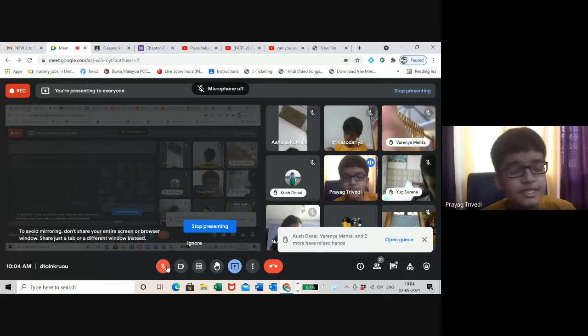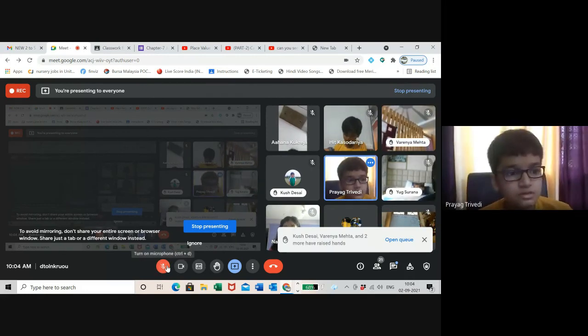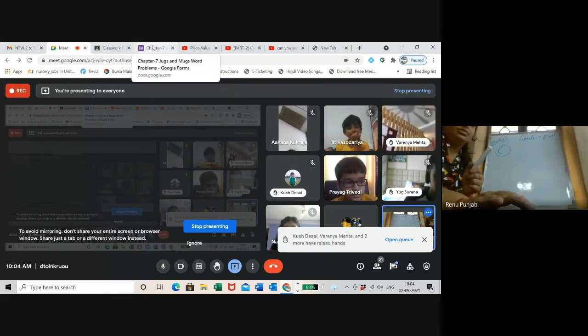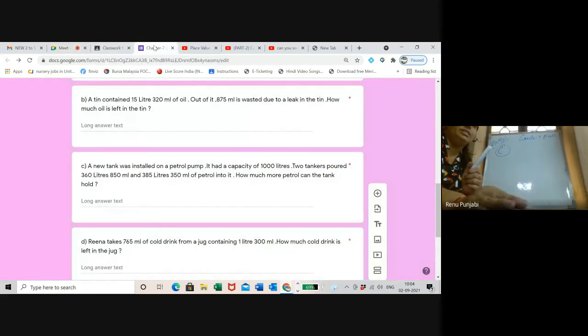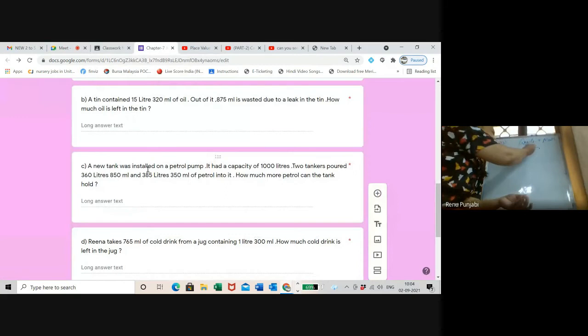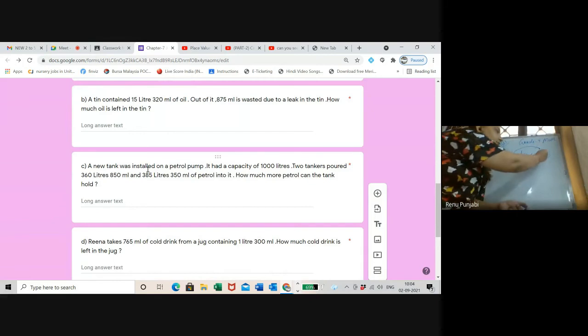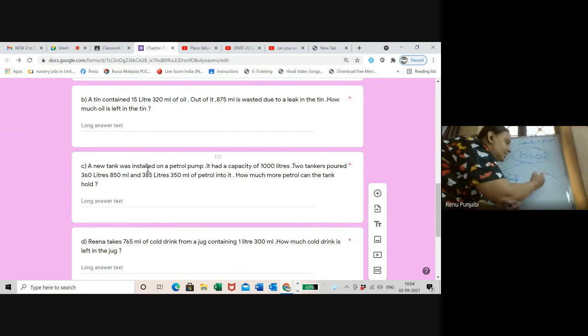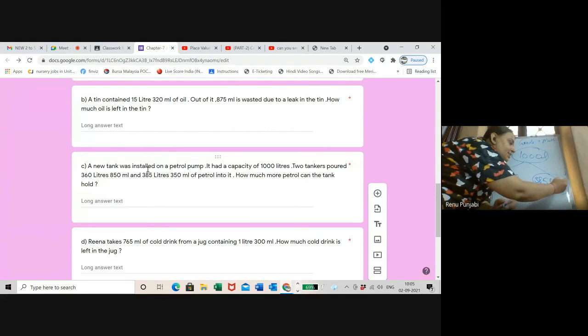Ma'am, first we have to do addition and subtraction. Yes. The two operations will apply here because it's saying a new tank. There is one new tank. The capacity of that new tank is 1000 liters. And you are going to fill this new tank with two different tanks. So one tank is 360 liter and 850 milliliter, and another tank is 385 liter and 350 milliliter.